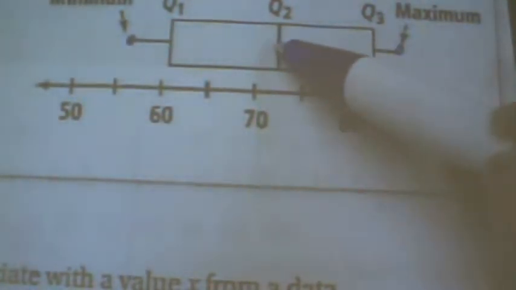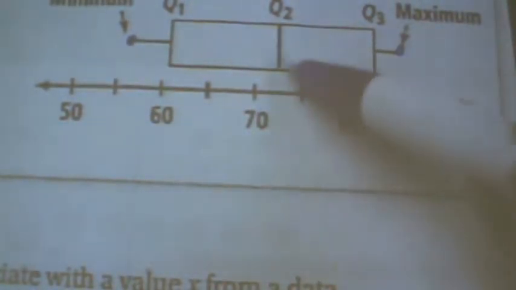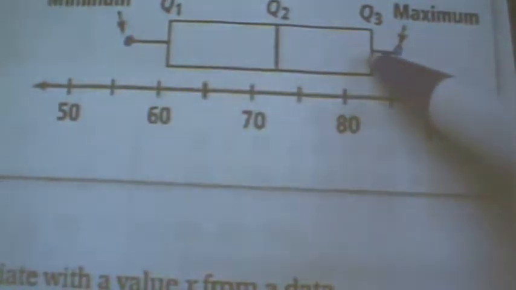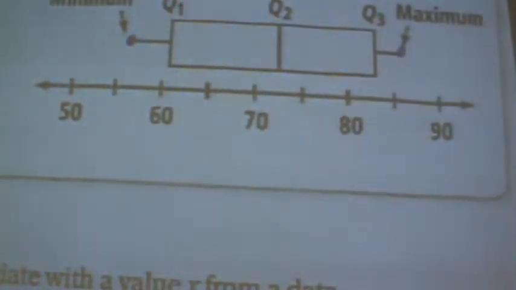What would you say the highest is? 86. What would you say the median is? 73. What would you say the first quartile is? 61. And the third quartile, I don't know, 83.9. Okay?